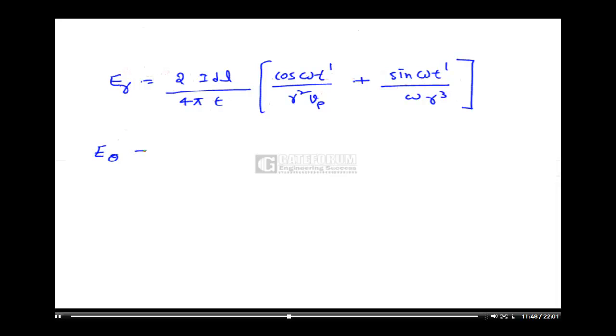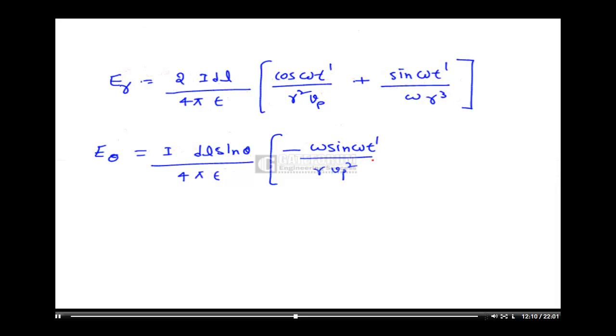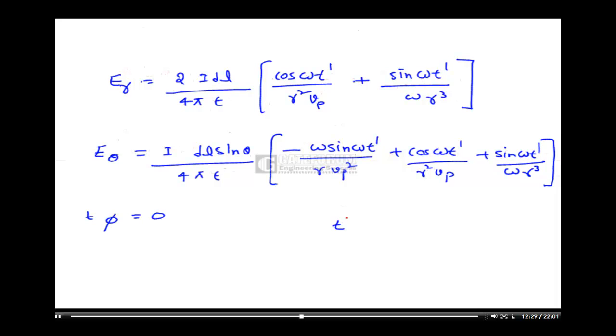E theta is given by I dl sin theta by 4 pi epsilon, minus omega sin omega t dash by r Vp square plus cos omega t dash by r square Vp plus sin omega t dash by omega r cube, and E phi is equal to 0, where t dash is equal to t minus r by phase velocity.